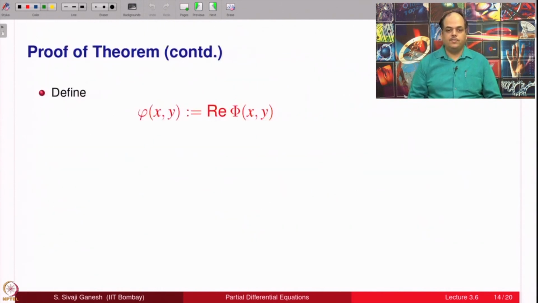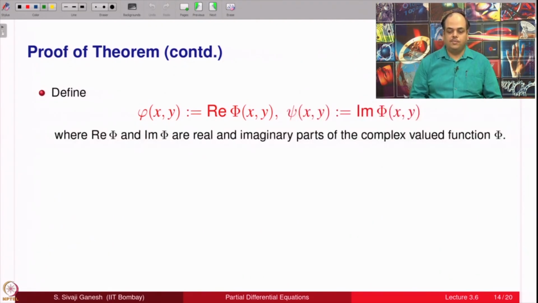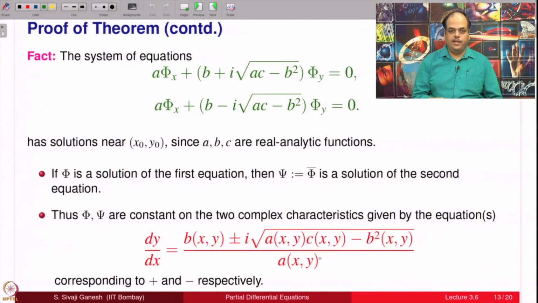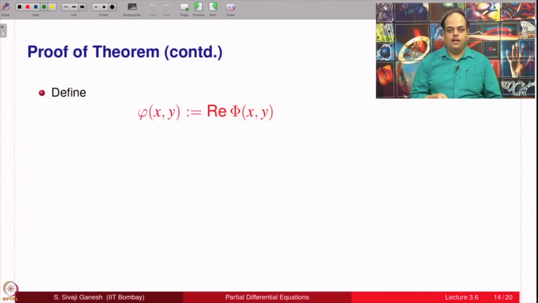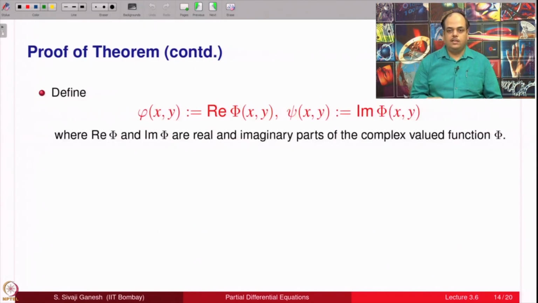Define small phi of xy equal to the real part of capital phi, because we have obtained capital phi; this existence is what the fact told us. The real part I call small phi and the imaginary part I call psi.